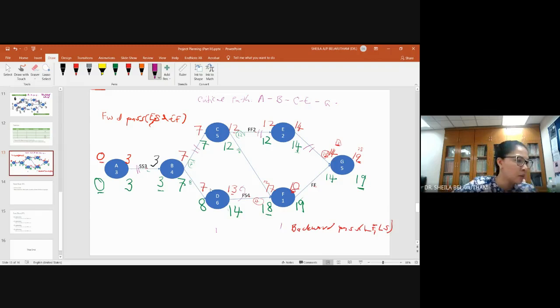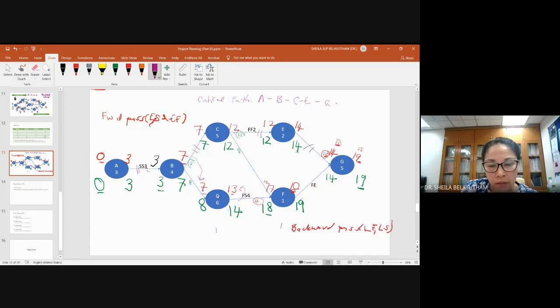So for example, if we are talking about B to D, the relationship is finish to finish. The concern is the time from when activity B finishes before activity D finishes. That is free float. Free float relates to how much time we have between these activities.